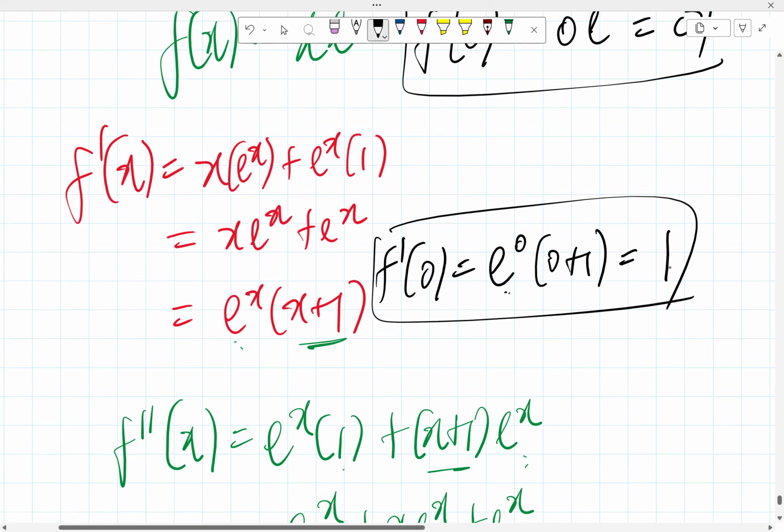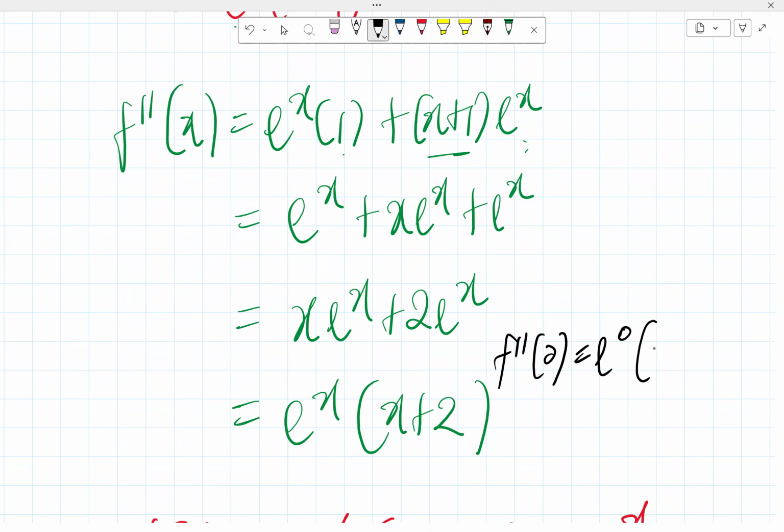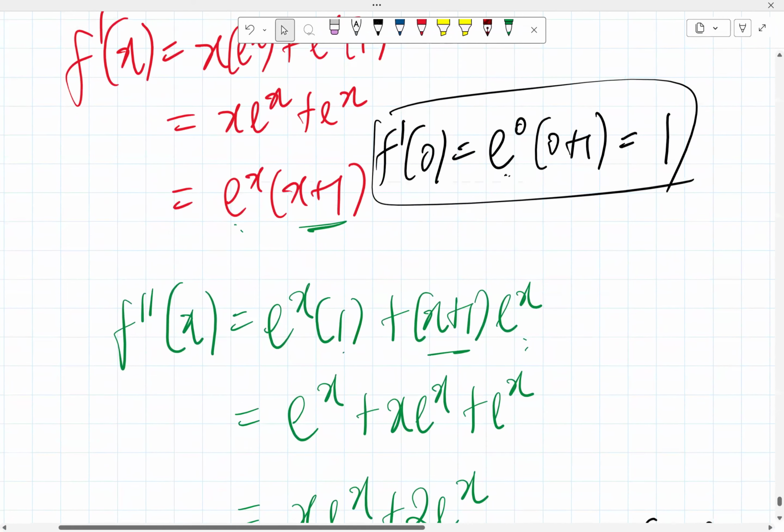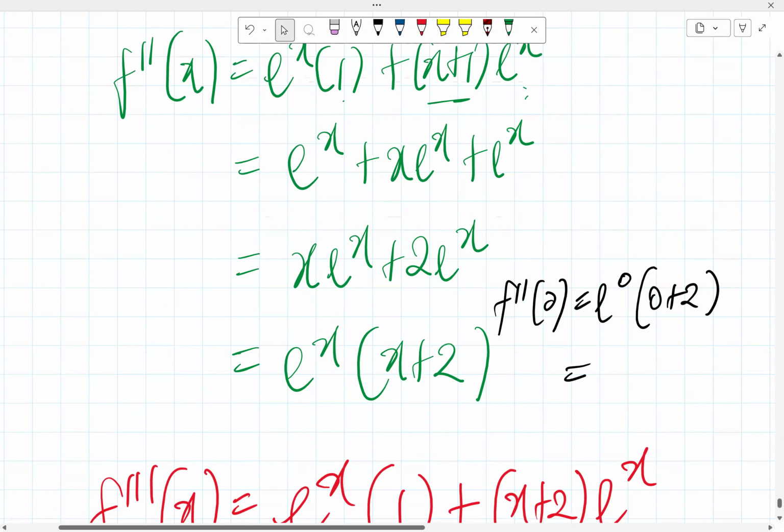Then next, we have f prime prime of 0. That is e raised power 0 into 0 plus 2. Did I do the last one right? Yeah, that's 1. So this one will now be 2, because e raised power 0 is 1, and 0 plus 2 is 2. 2 times 1, 2.